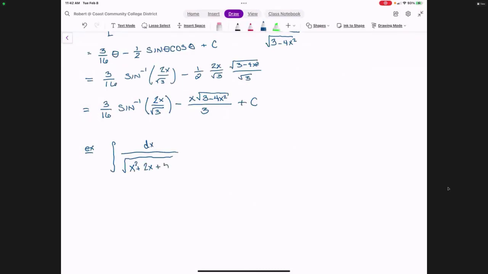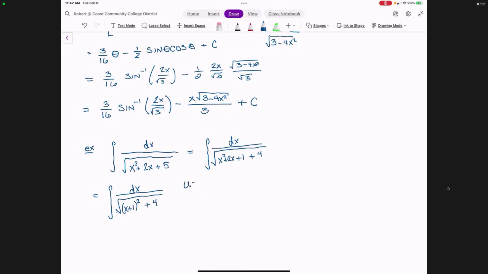What we want you to do here is complete the square, meaning write it as x squared plus 2x plus 1 plus 4, to get dx over the square root of x plus 1 squared plus 4.